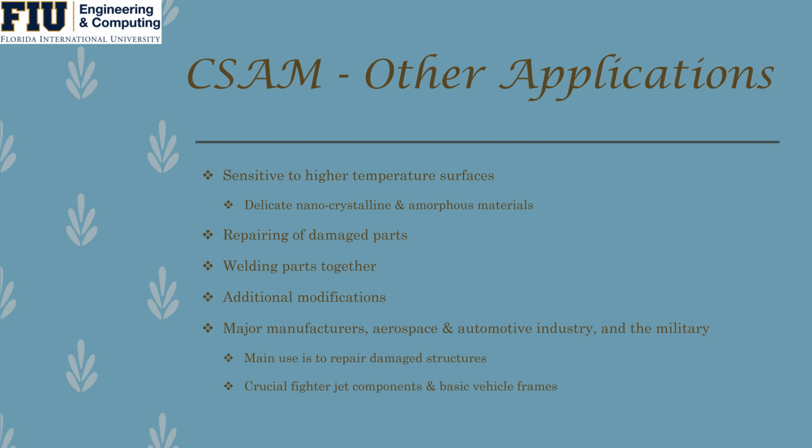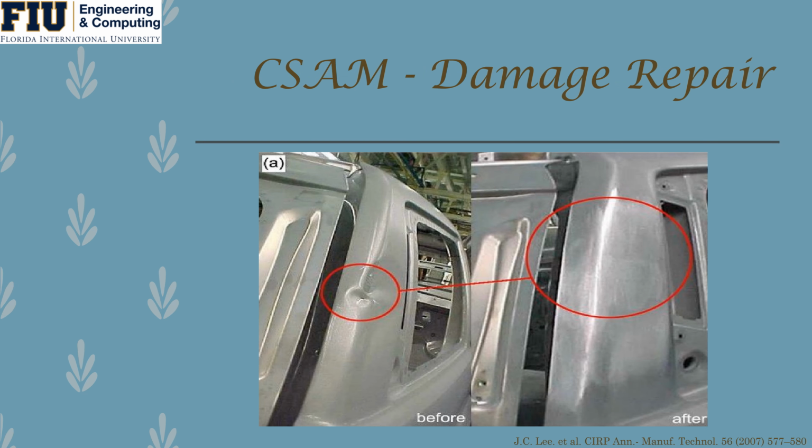Major manufacturers, the aerospace and automotive industries, and the military mainly use this system not only to create parts, but to repair damaged structures. Some of the damaged structures include crucial fighter jet components, as well as basic vehicle frames, instead of replacing them and wasting a lot of money. As shown in the figure, we can see a basic aluminum vehicle frame being repaired for its use.